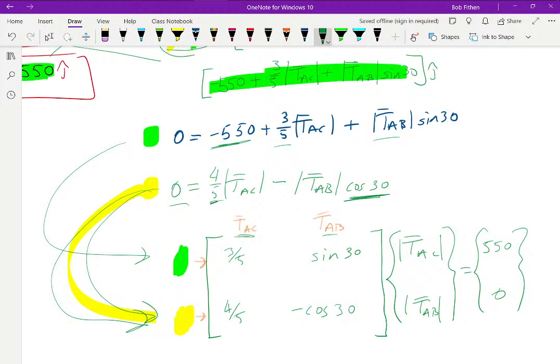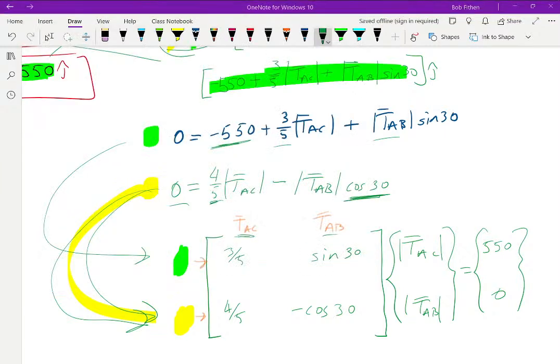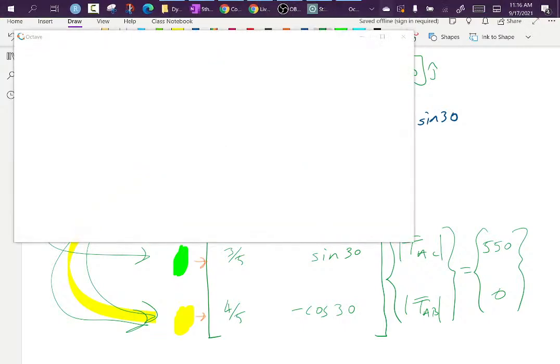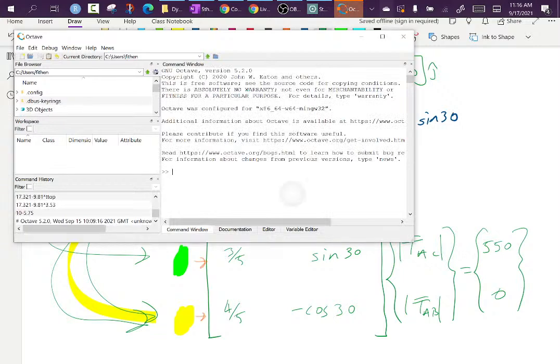Okay, so now I'm sitting here staring at this and realizing I've got a matrix, and I did not start Octave. I should have. Give it a minute. Okay.